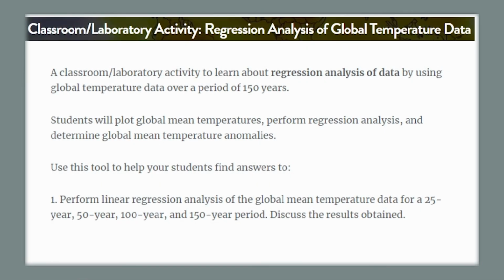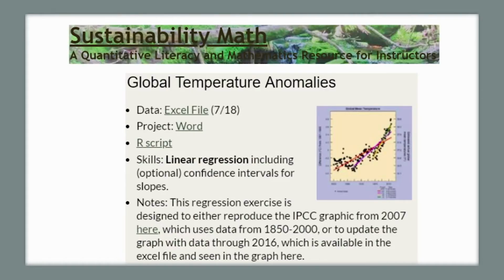Using this classroom or lab activity, your students can plot global mean temperatures, they can perform regression analysis, and they can determine the global mean temperature anomalies. Your students can find answers to questions such as, can you perform linear regression analysis on the global mean temperature data either for a 25-year period, a 50-year period, a 100-year period, or a 150-year period itself?